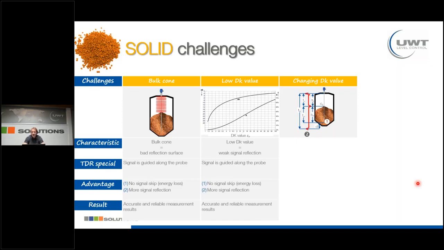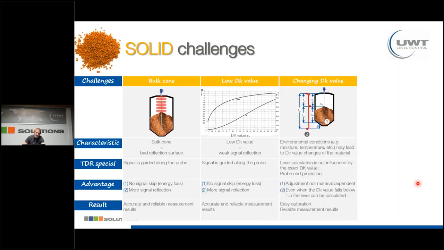So with this guiding, we get stronger reflection signals, and this causes more accurate and reliable measurement results, even in bulk solid applications where it's hard to get a good signal. With this guiding, the signal strength is improved.